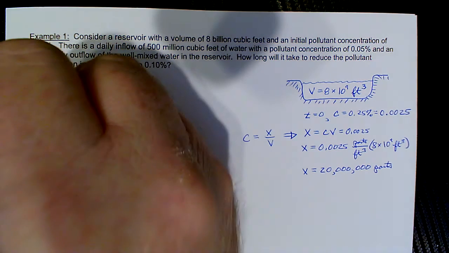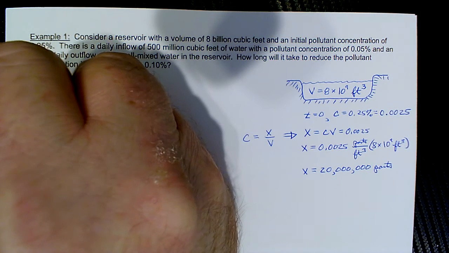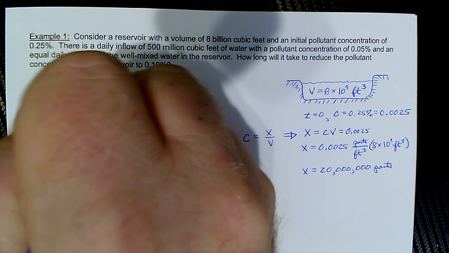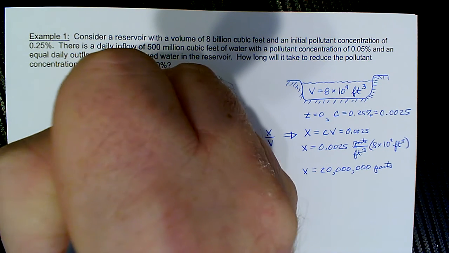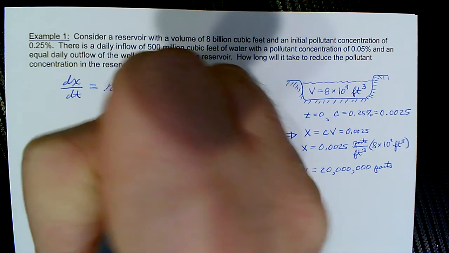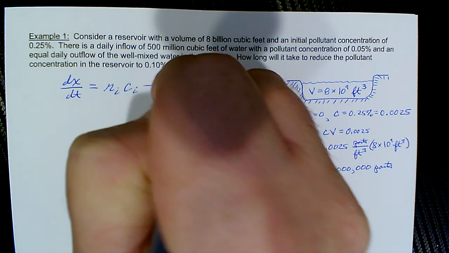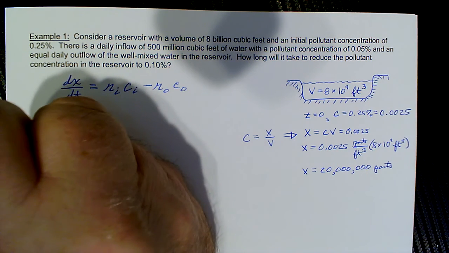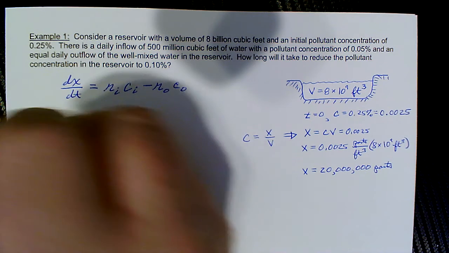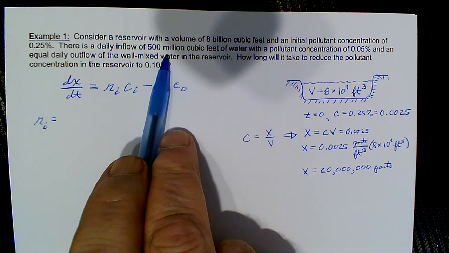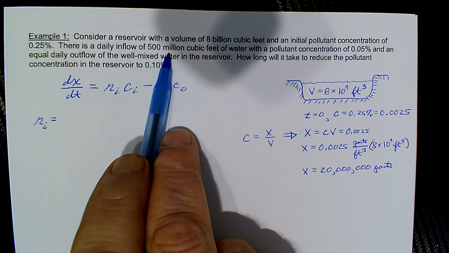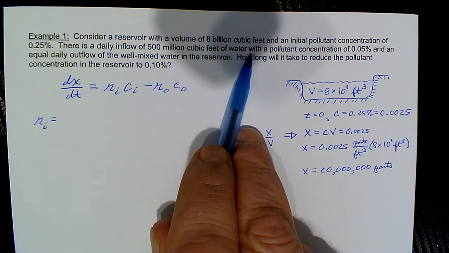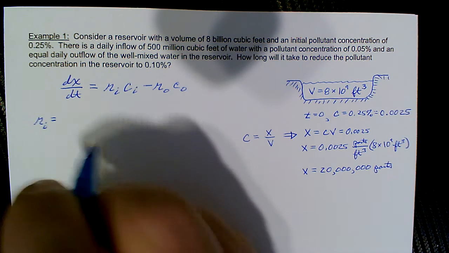Okay, so remember our formula is the time rate of change of the amount is R sub I, C sub I minus R sub O, C sub O. So let's determine R sub I. Okay, if we read further, there's 500 million cubic feet of water coming in, a daily inflow.